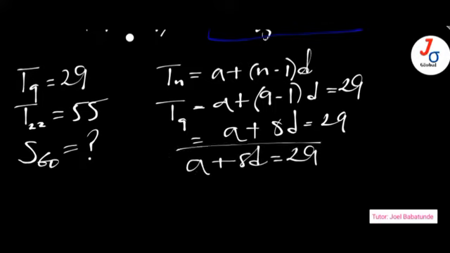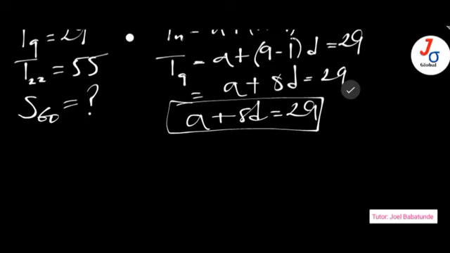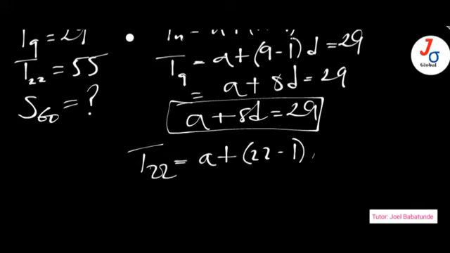I'm going to keep this. Then I'm going to do it for T22, which equals a plus (22 minus 1)d, and that equals 55.